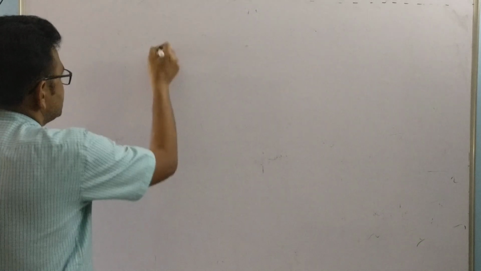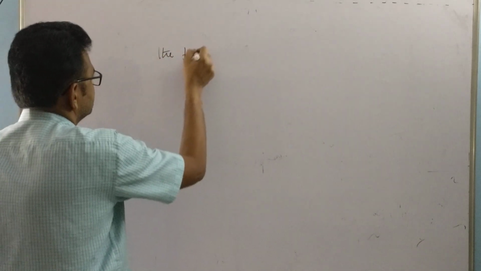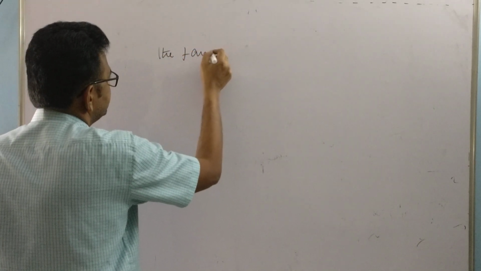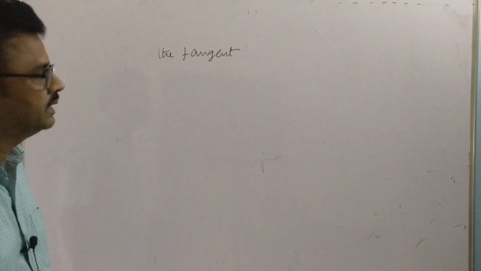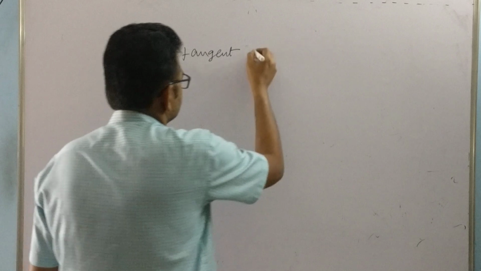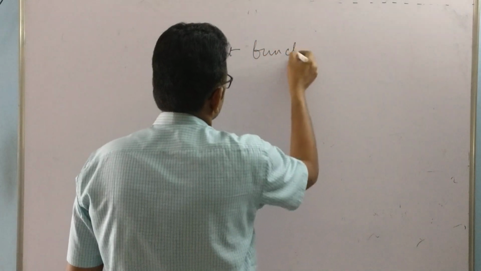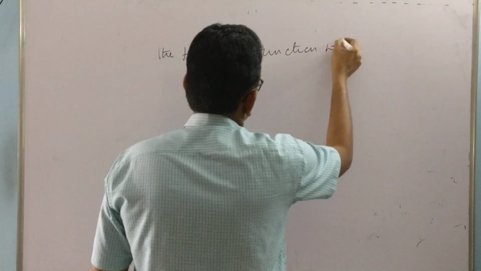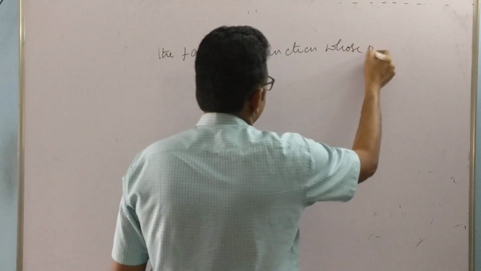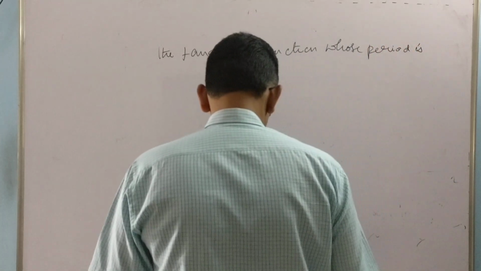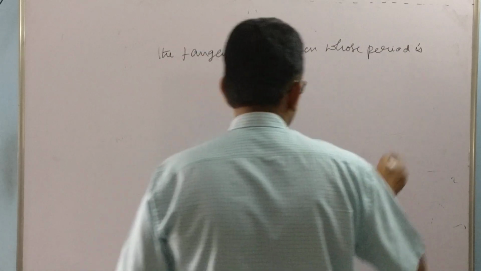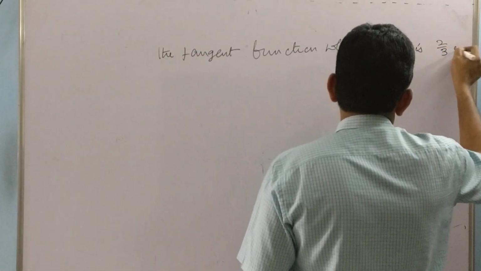The tan function, tan means tangent. Find the tangent function whose period is 2 by 3.